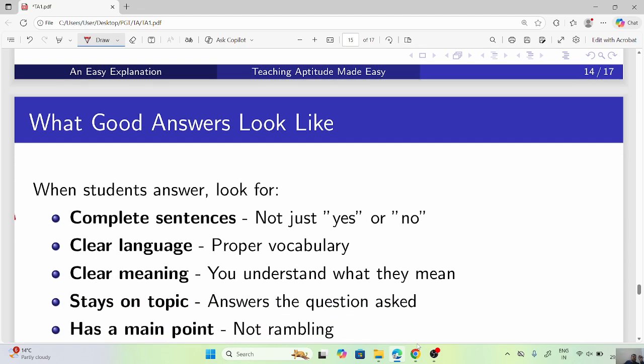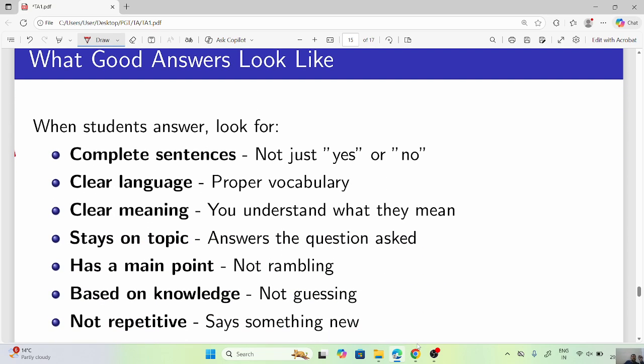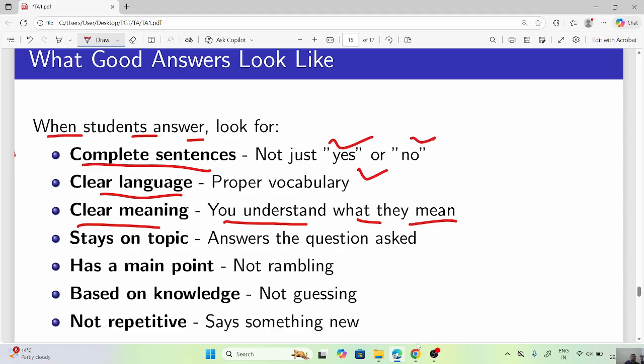What does a good answer look like? When a student answers, look for complete sentences, not just a yes or no. Clear language, proper vocabulary should be in the student's answer. Clear meaning, means you understand what they mean.